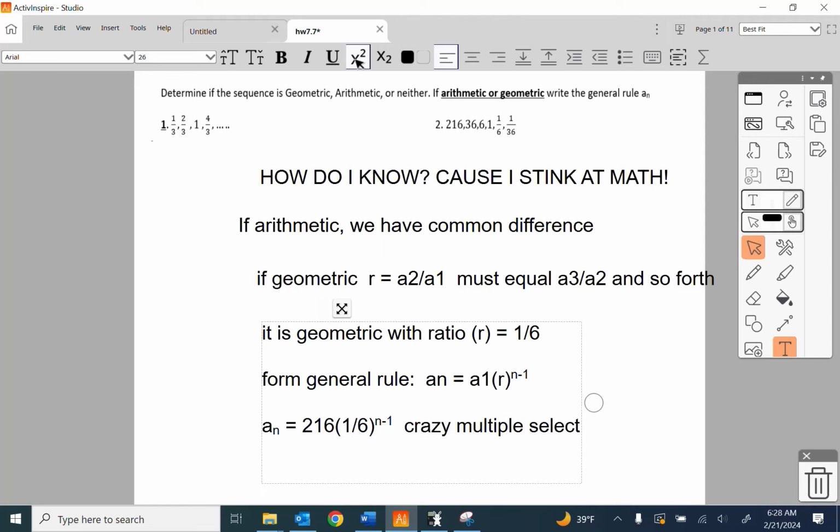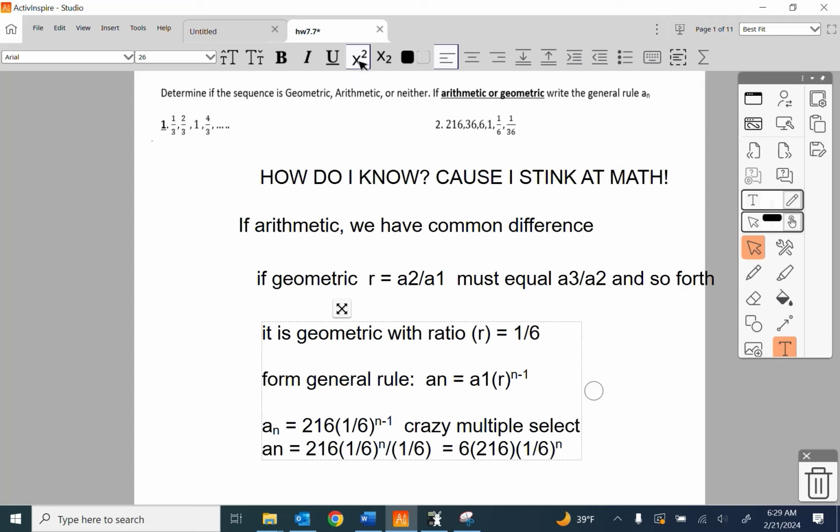The state of Tennessee might do some crazy multiple select. They might question, do kids understand exponents? Remember that whole n minus 1 thing? That would be equivalent to dividing the whole thing by 1/6, which is equivalent to multiplying the whole thing by 6. Crazy, huh?